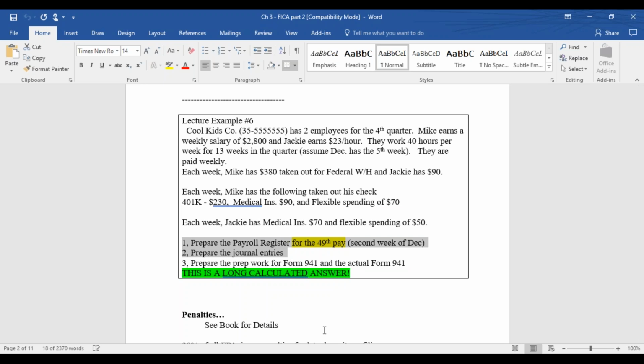In future weeks, I'll have a pre-example made for you, but you'll need to go into Excel and set up a payroll register, and then we will use this to do journal entries and the Form 941. So at this point, you should hit pause, and in a few seconds, I will begin to go through the payroll register for the 49th pay.